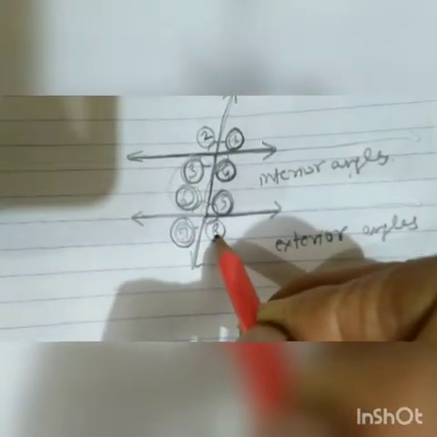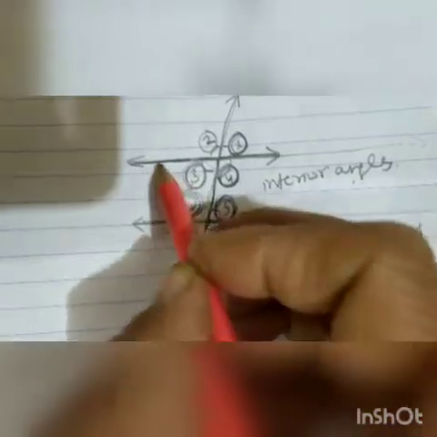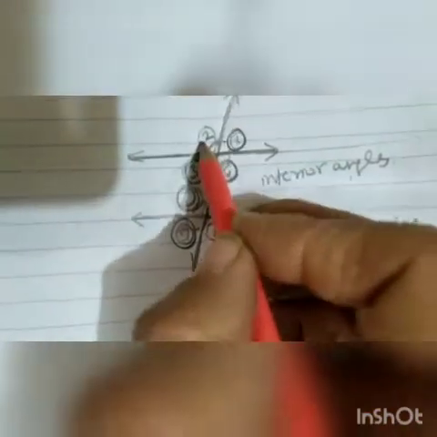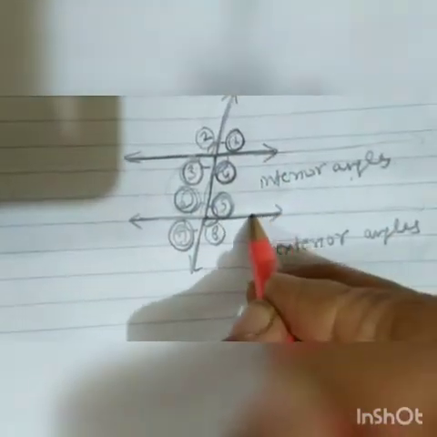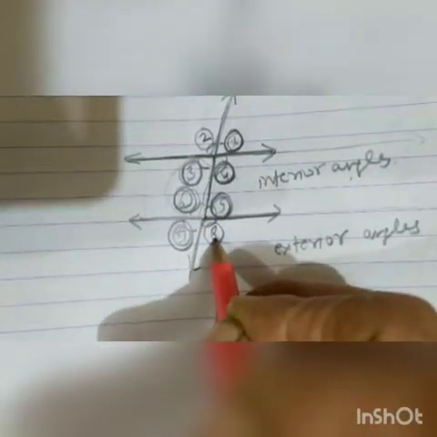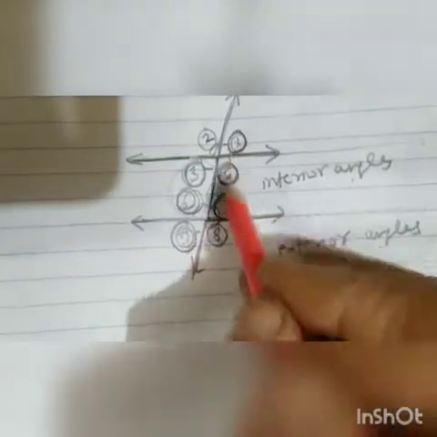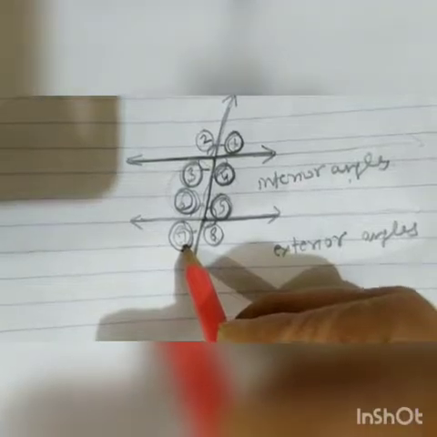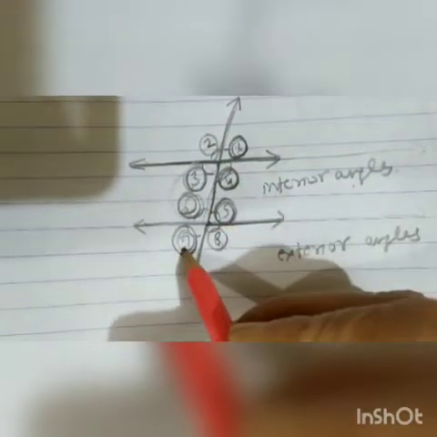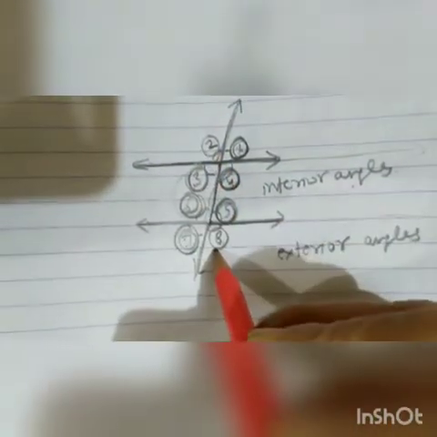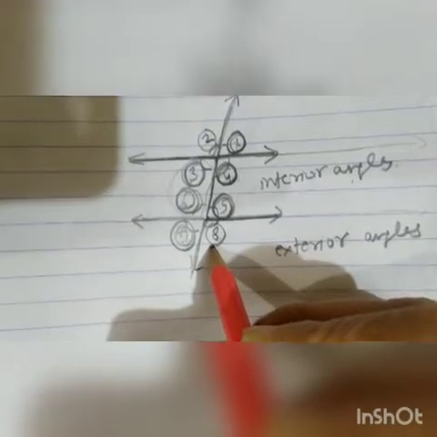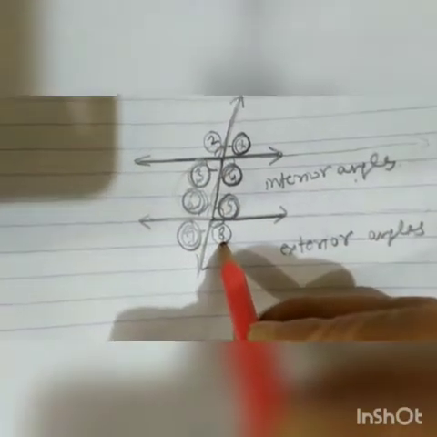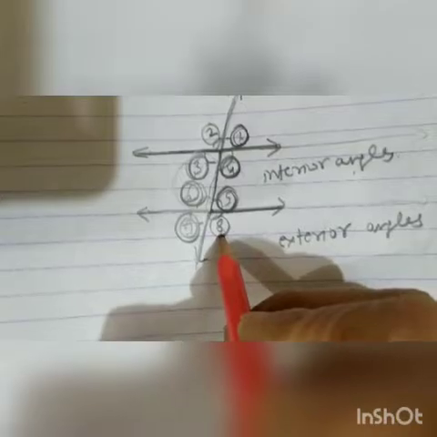This is the other pair of alternate exterior angles. If measurement of angle 2 is 130, then angle 8 is also 130. Angle 1 and 7 are alternate exterior angles and are equal in measurement. Angle 2 and angle 8 are also alternate exterior angles. They are also equal in measurement.